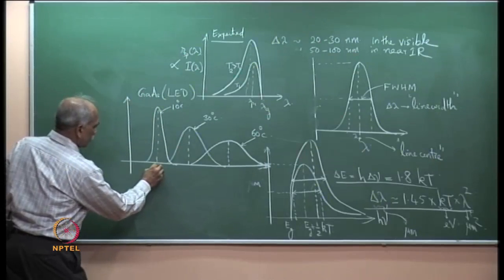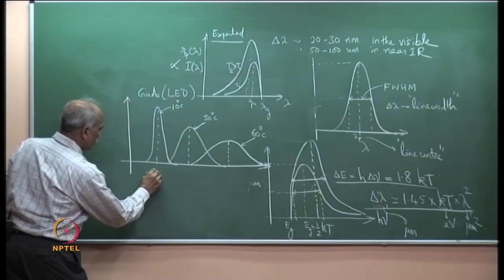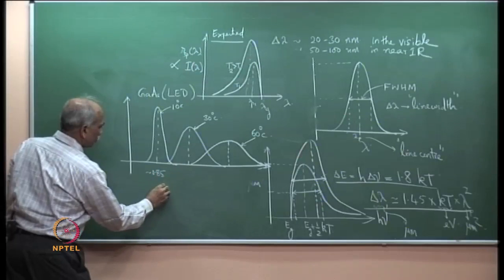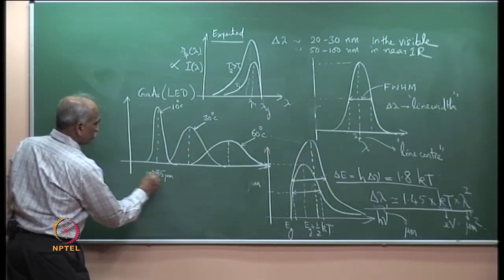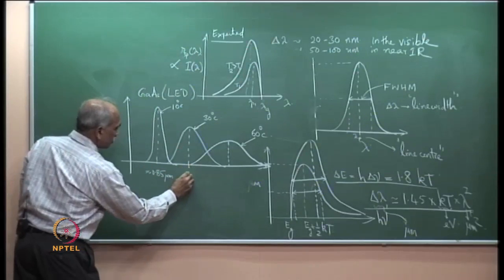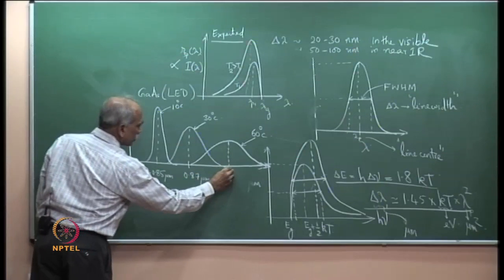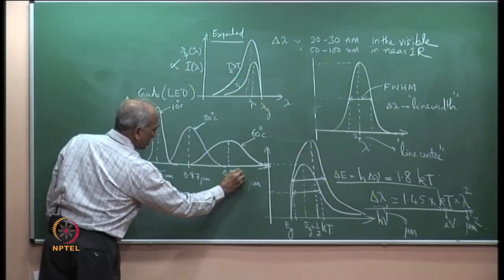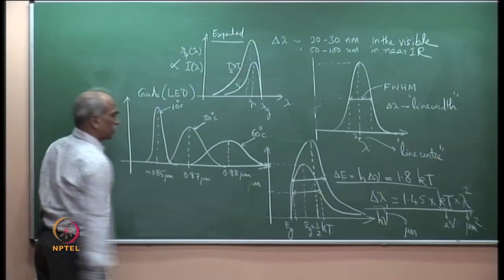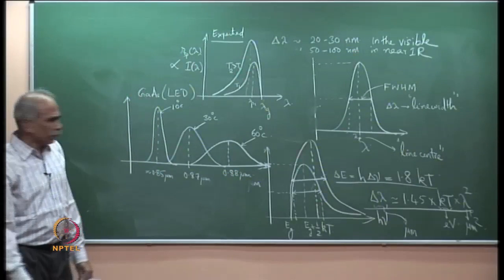Measurements. This wavelength here is about 0.85 micrometer approximately, this is 0.87 micrometer and this is 0.88 micrometer or 885, something like that. Approximate numbers.